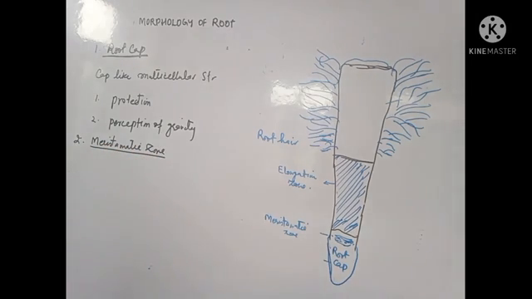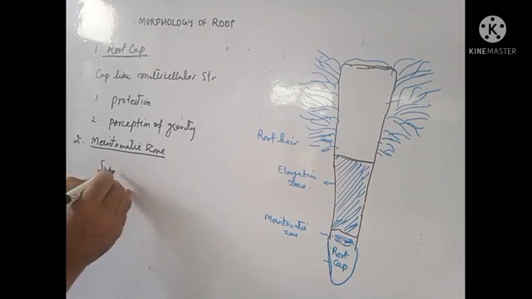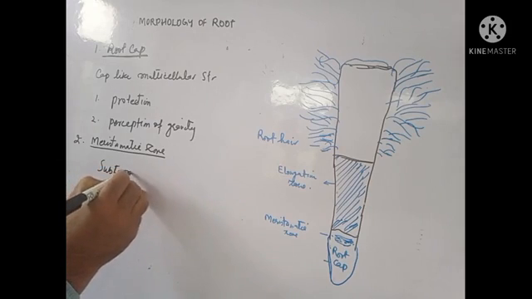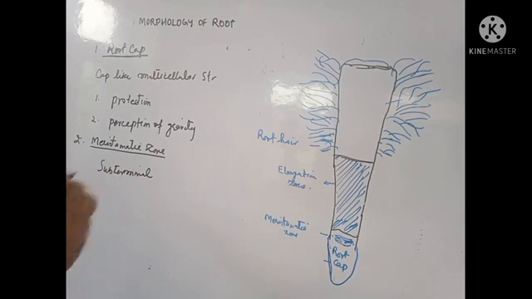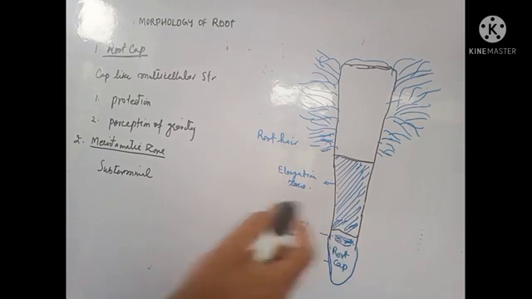As you can see here, the name suggests it is subterminal and is protected by the root cap. It is made up of closely arranged small thin-walled meristematic cells.